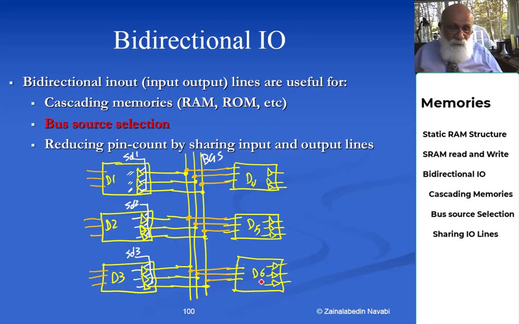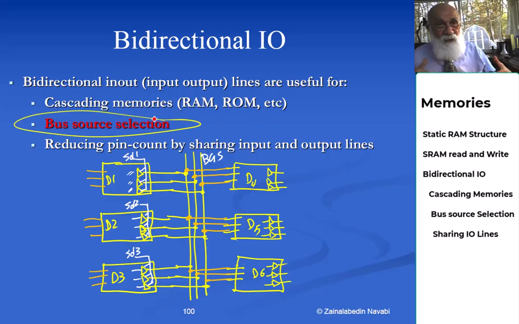Okay. Instead of doing all of this, what we can do is share inputs and outputs. All right, so what we talked about here is bus source selection, and these tri-states can be used for bus source selection. And what I'm getting into next is we can use these structures, the tri-state or the bidirectionals, not only for bus source selection, but also for bidirectional input and output.